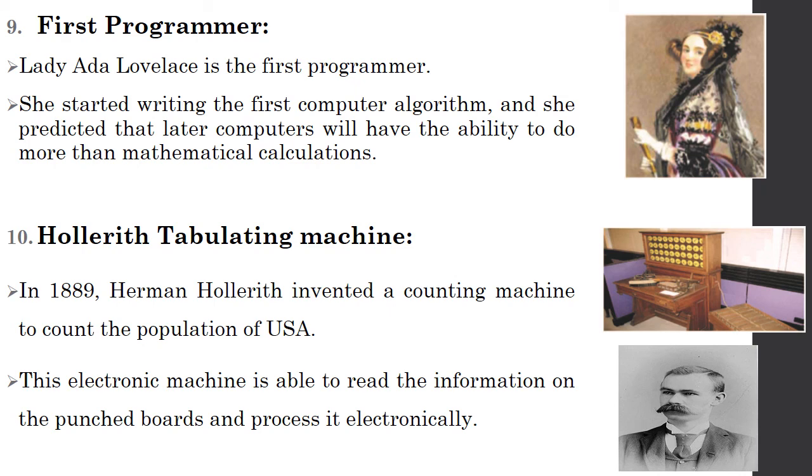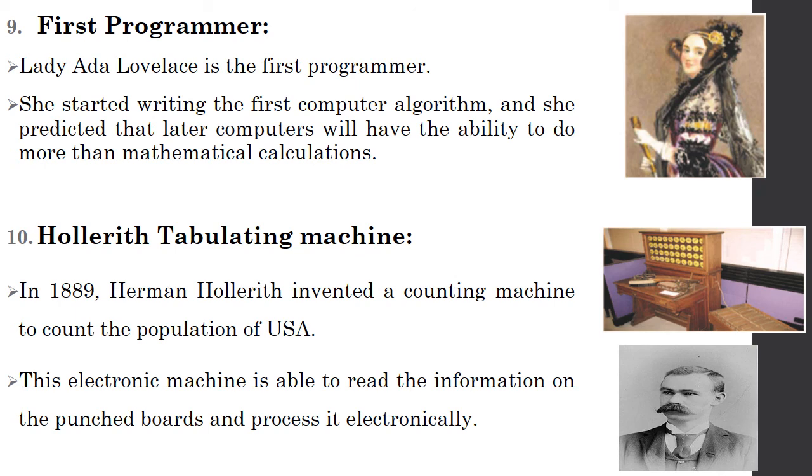Population is how many people are there in US. To count the population of US in 1889, Herman Hollerith invented the Hollerith tabulating machine. This electronic machine used punched boards. It was able to read the information present on the punched boards and process it electronically.